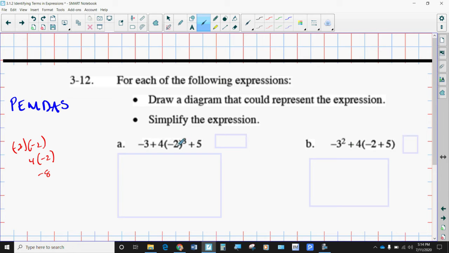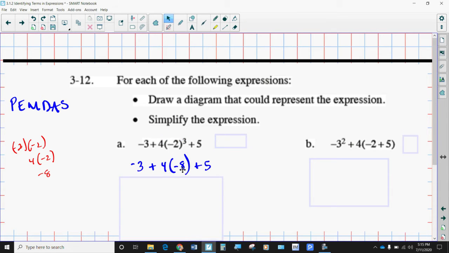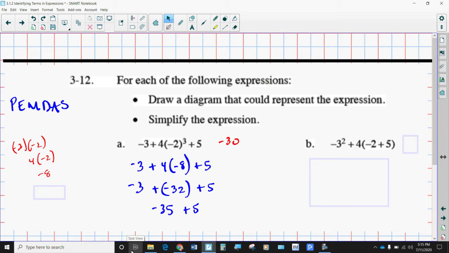So once we've taken care of that, then we can multiply that times the 4, which would give us -32. And now that we've only got addition from left to right, we can add -3 plus -32 plus 5 and get -35 plus 5, which gives us a final answer of -30. So this expression simplifies down to -30.